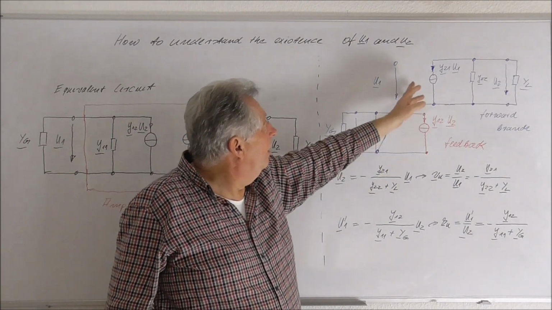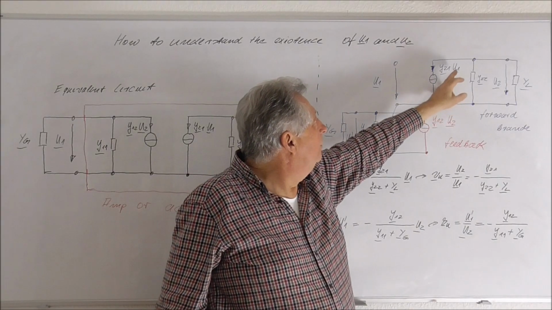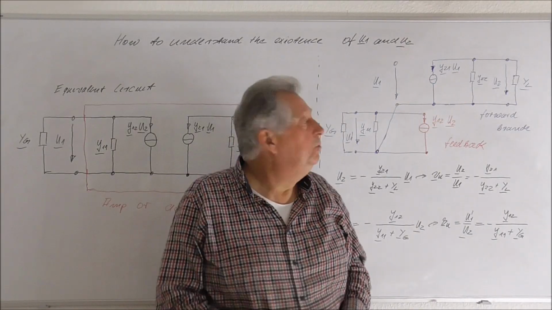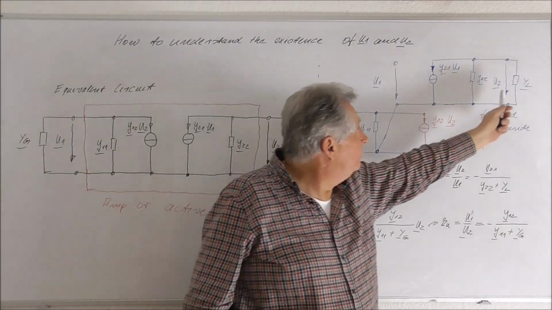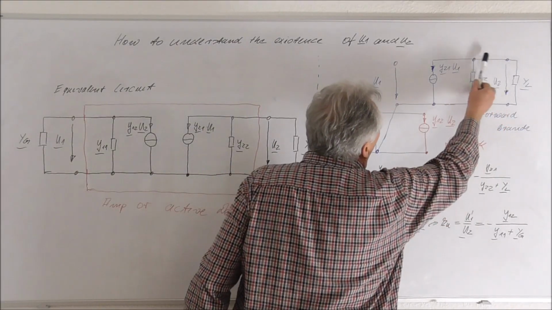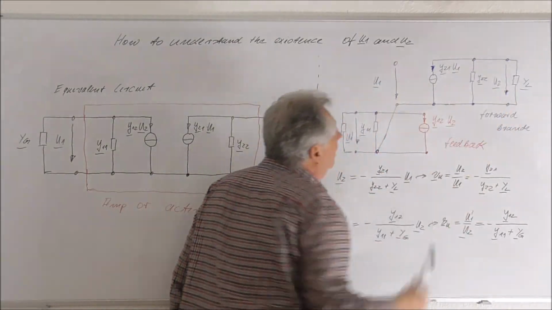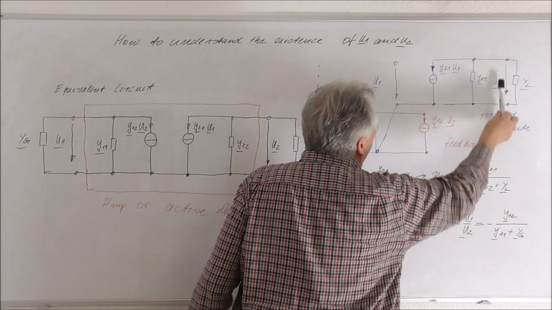In the forward branch we then have the parameter Y21 times U1, which will generate a current in this loop here, and of course the total current will flow against this loop. And so the current will flow in this direction.